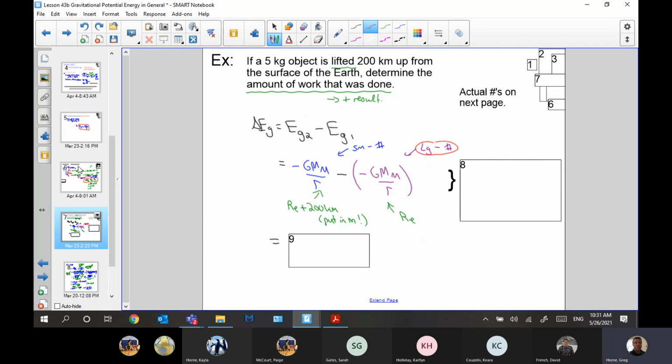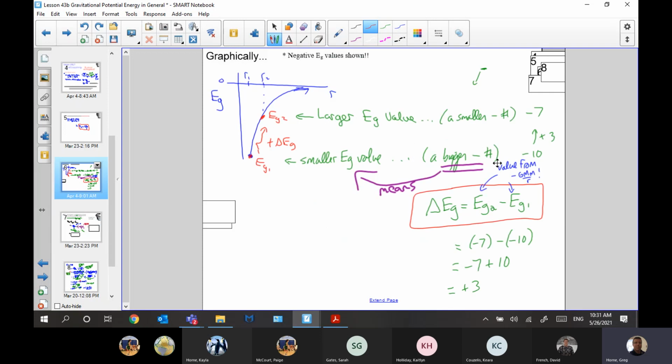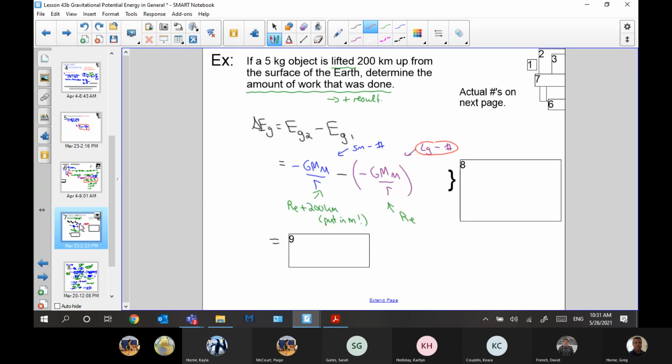As we said on the previous page, that larger negative number means a smaller EG value. It's just weird.